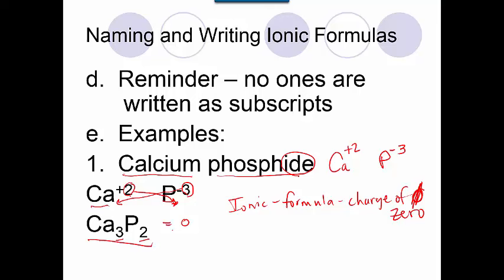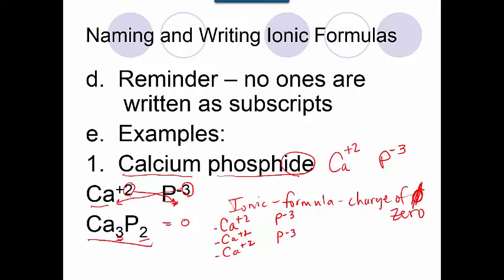So your pluses have to equal your minus charges. Now, when you look at how many calciums you have, 3 calciums. Calcium is always a +2. So you have 3 of them. So that means you have a +2 and a +2 and a +2. Now, for phosphorus, you ended up with only 2 phosphorus, but every phosphorus is a -3.